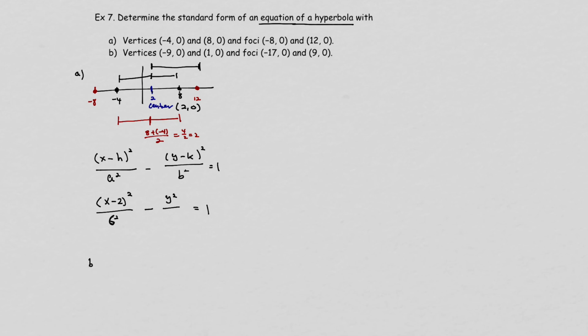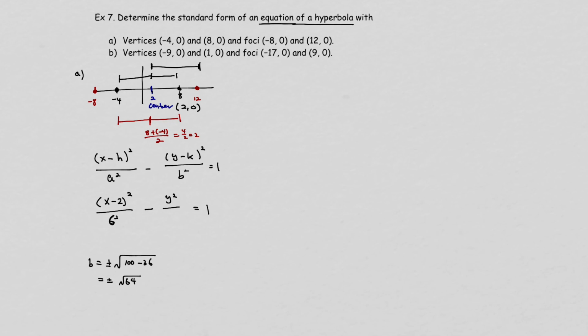So b is equal to plus minus square root of c squared minus a squared. So let's write the c squared first. c is 10, so c squared is 100 minus 36. So b is equal to plus minus square root of 64.